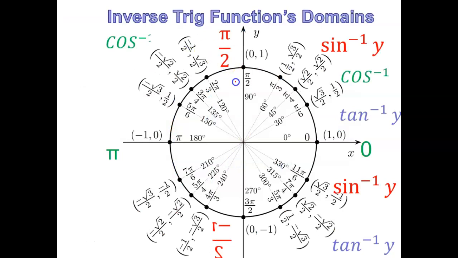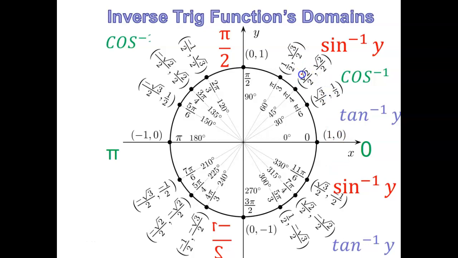Okay, so for inverse tangent, because we are restricting ourselves to be in between -pi/2 and positive pi over 2, that's going to keep us in the fourth quadrant and the first quadrant. So what happens is inverse tangent and inverse sine are going to come from the first and fourth quadrants.